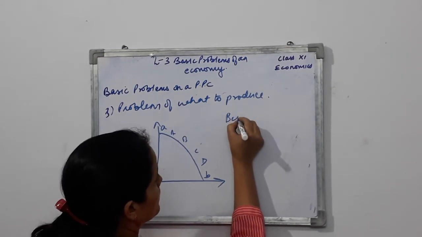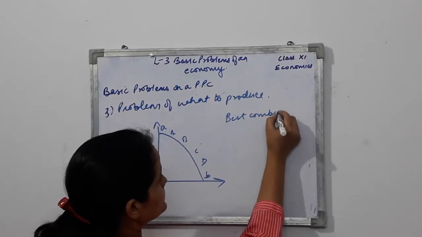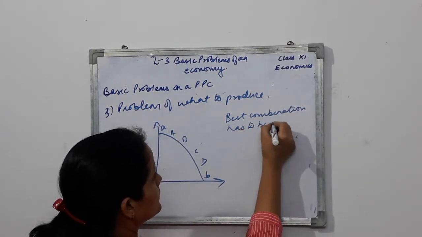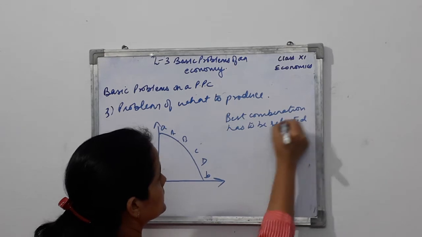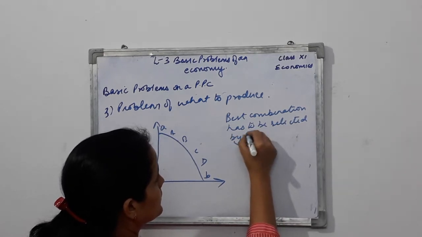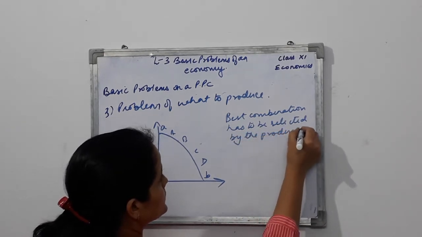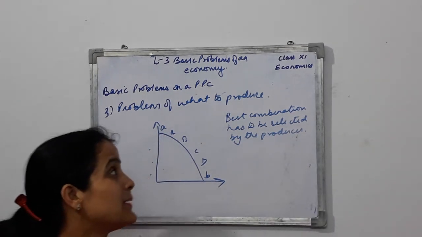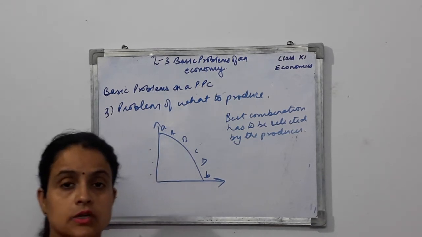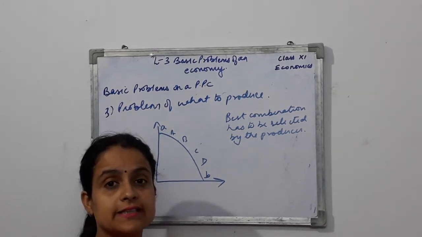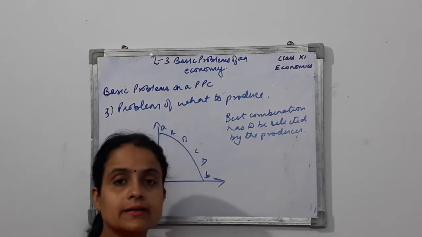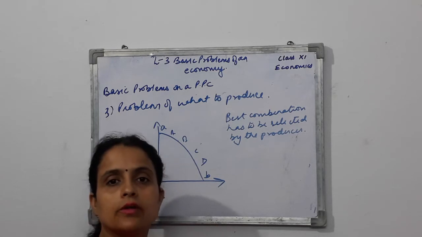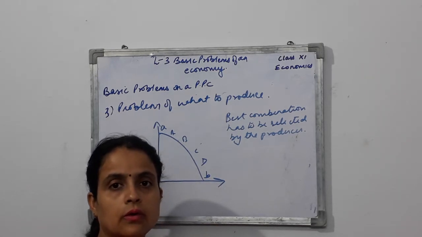The best combination has to be selected by the producer. It becomes the responsibility of the producer to select the best combination, so that the wants and desires of the people can be satisfied, and even the motive of the producer is also catered.